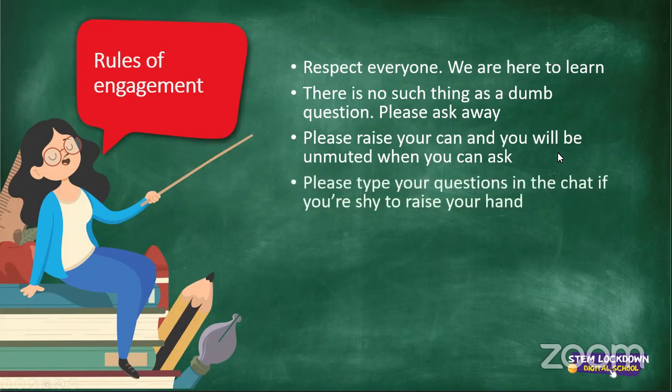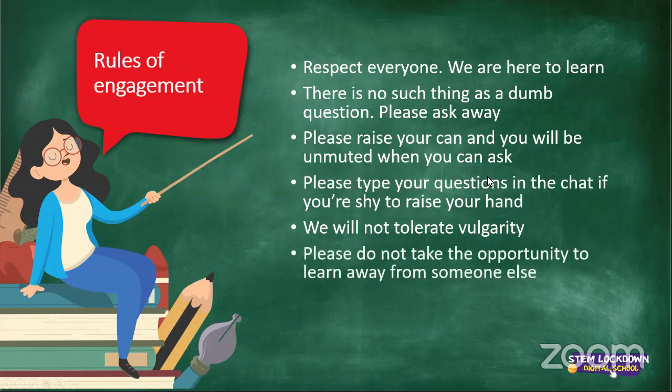Number 4, please type your questions in the chat if you are shy to raise your hand. I will also be answering those questions in the chat. Number 5, we won't be tolerating any vulgarity. Please let's respect each other. It also goes back to my next rule about not taking the opportunity to learn away from someone else.